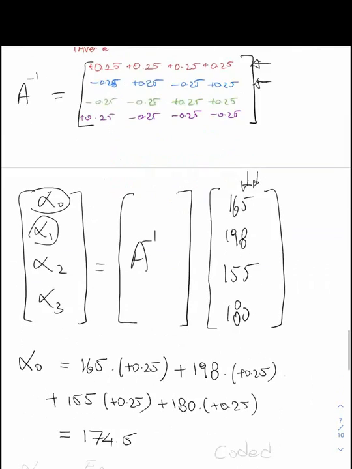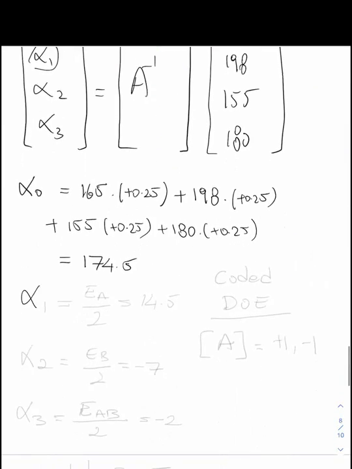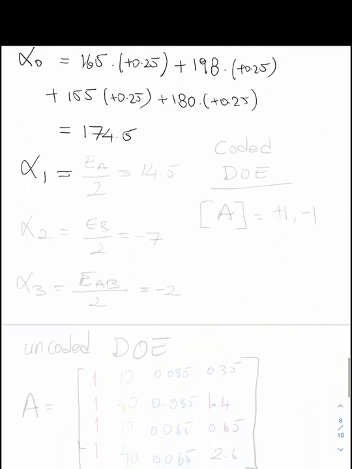And if I do this, you will find that the alpha 1 is going to be equal to the effect of A divided by 2, right? That will be 29 divided by 2, so that will be 14.5. Alpha 2 is going to be the effect of B divided by 2, that will be minus 7. And alpha 3 is going to be the effect of AB divided by 2, and that's going to be minus 2.